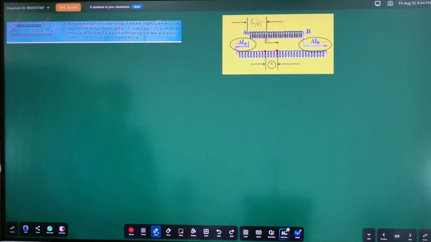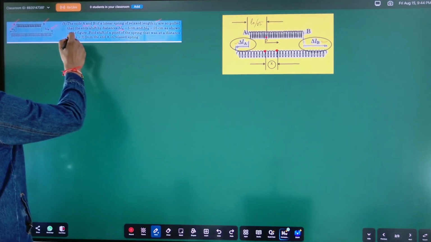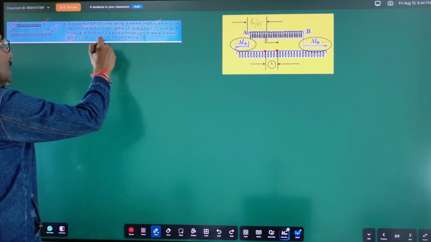Find the shift of a point on the spring that was at a distance L0 by n, where n is equal to 3, from the end A in the relaxed spring.